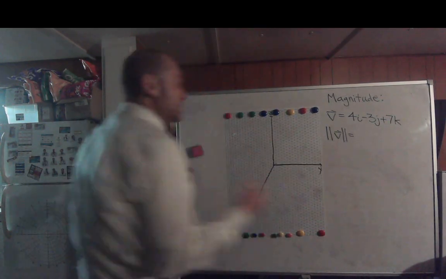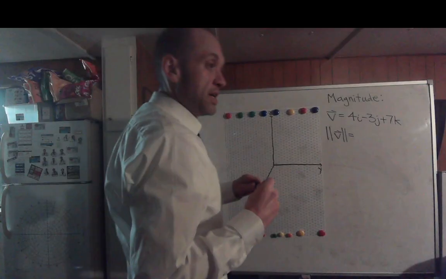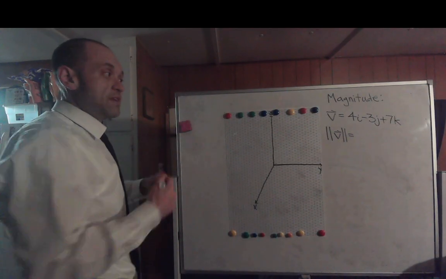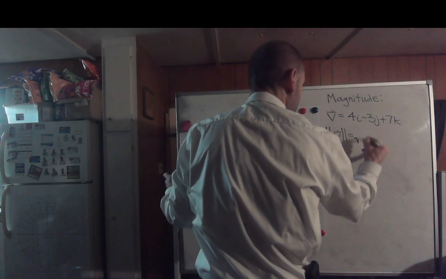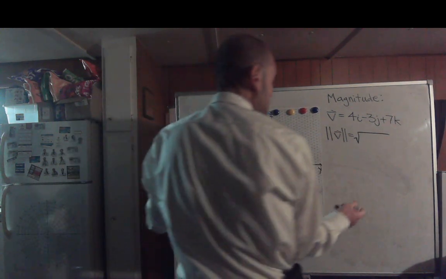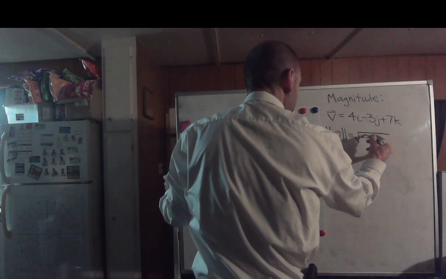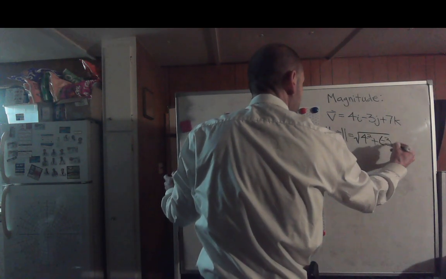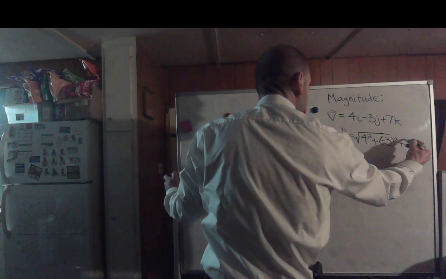So this time they give us the vector in linear combination form. Really no different, it's just how it's expressed. I want to find the magnitude of that vector, so all I need to do is take my coefficients on the i, j, and k and square them underneath the square root and add them together. So I'll take that 4 squared plus that negative 3 squared plus that 7 squared.